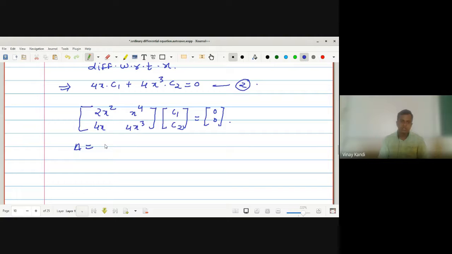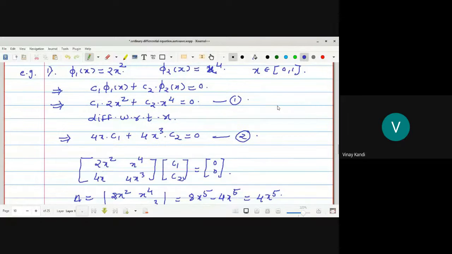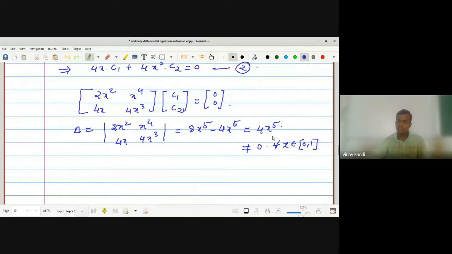So what do we get? 2x square and x raised to 4, 4x and 4x cube, which is equal to 8x raised to 5 minus 4x raised to 5, which is equal to 4x raised to 5, which is not equal to 0. तुला हा 0 होईल, पण ऍटलीस्ट फॉर ऑल ला होतोय का, नाही होत. एखाद्या पॉइंटला दिलं तरी चालेल, पण प्रत्येकाला होतोय का, नाही.